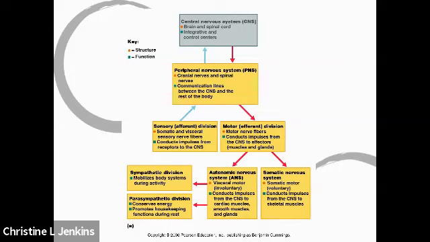And then the other half would be the motor division or efferent. This is where we're sending nerve impulses in the other direction, from the brain and spinal cord out. Here's where spelling matters, right? Afferent versus efferent.